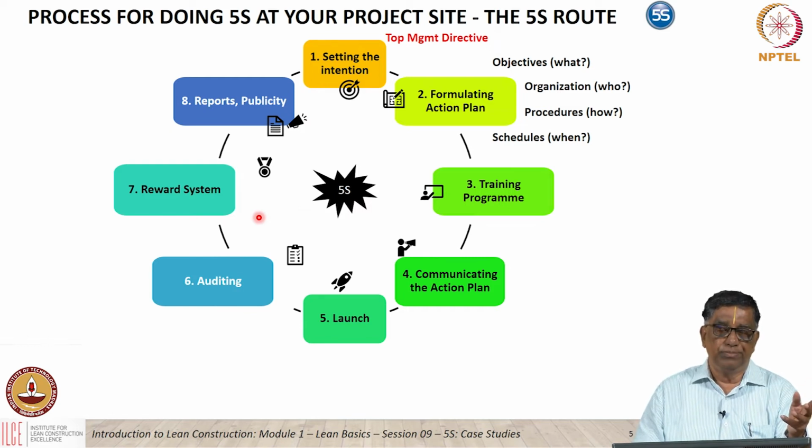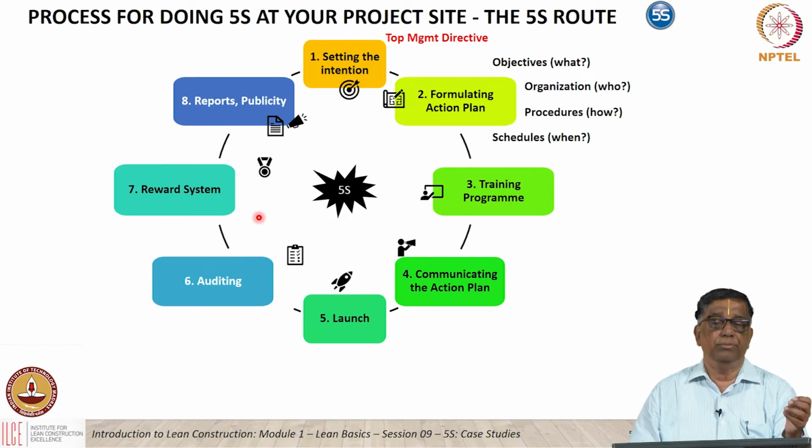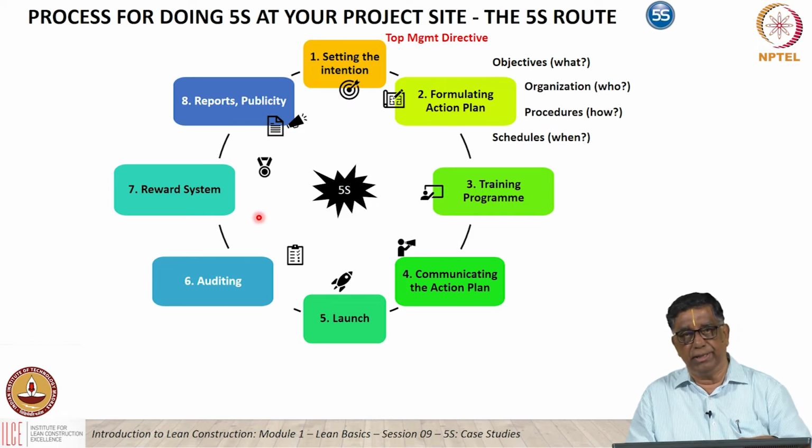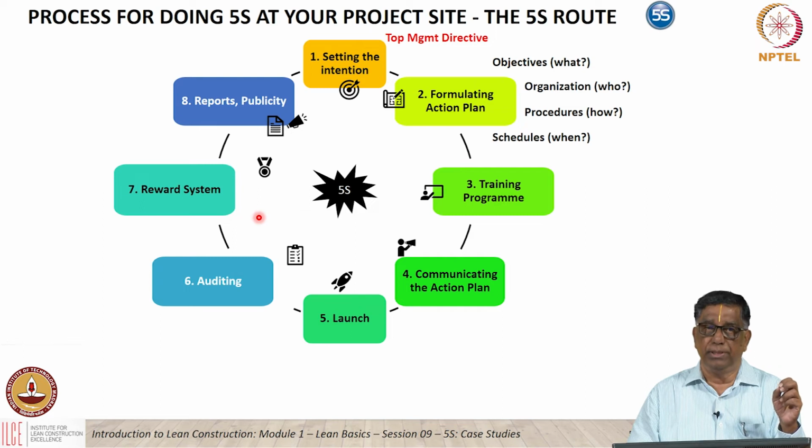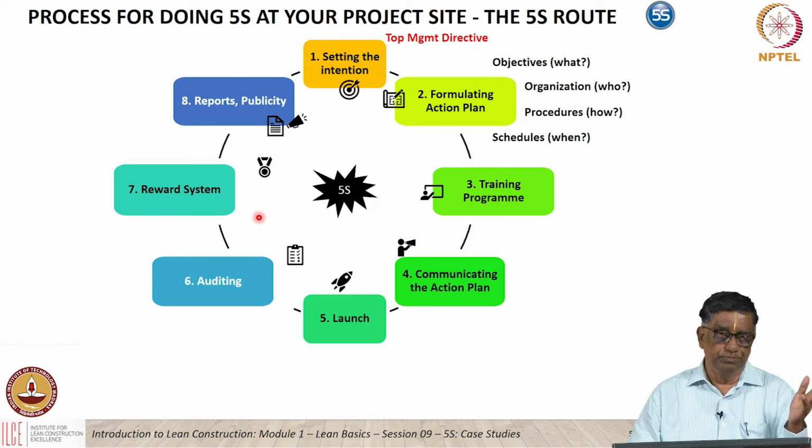Then you also have monthly audits, which are more rigorous. And whenever somebody comes from head office, you do special audits. Ask them to conduct an audit independently and get their feedback, and then use the 5 whys. Keep on asking why something is not being done properly, remedy all that, and then you are through.